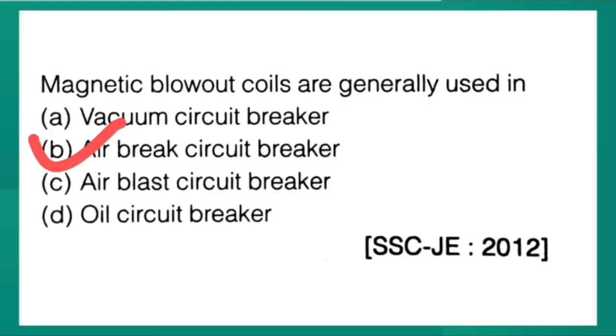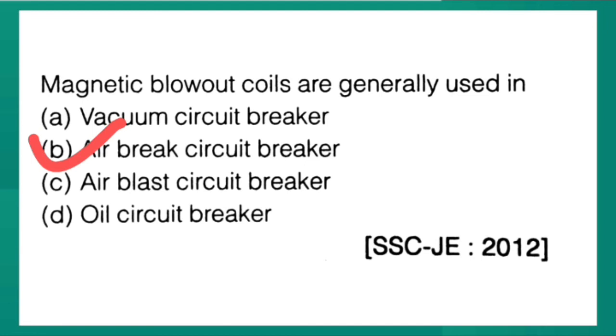Such coils are called blowout coils. The coil magnetic field itself does not extinguish the arc, but it moves the arc into a chute to lengthen the arc, cool it and extinguish it.